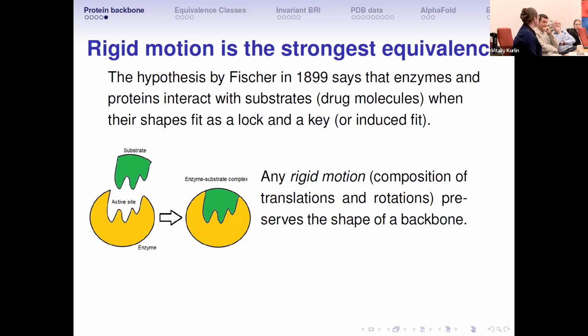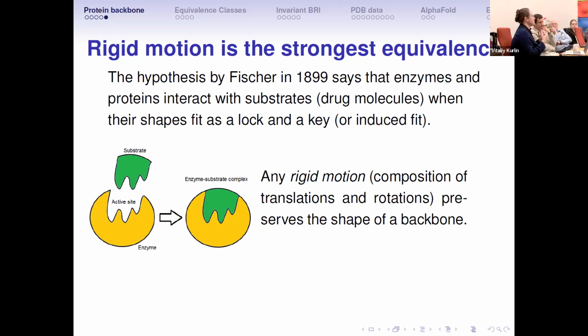And again, as always, even for proteins, which are very non-rigid, we enjoy considering rigid motion. Why does it make sense? I showed you the picture of an enzyme, and one of the important hypotheses by Emil Fischer stated that enzymes and proteins interact with everything else when the shapes match, as in a lock and key mechanism.